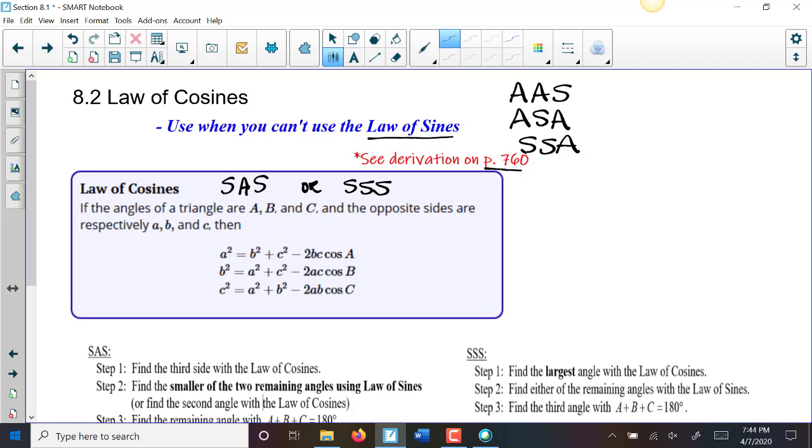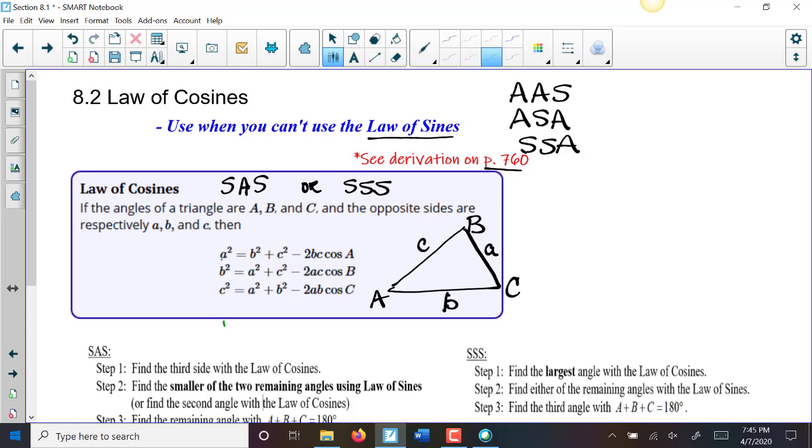Okay, so once again, here's what it says. If we have our triangle that's set up with capital letters as the angles, and lowercase letters as the lengths of the sides opposite, then here's the relationship. We have three equations or formulas, if you want to call them that, but hopefully you recognize there's a pattern.